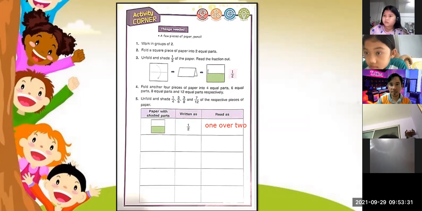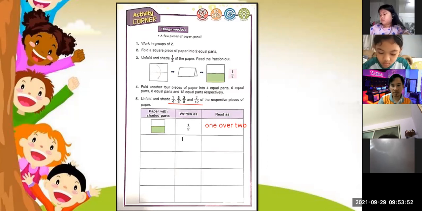And then in the second one here, it says that you have to do like this. This 4. 1/4, 5/8, 5/6, 3/8, and 7/12. So you will write it here. You write here 1/4 in here.